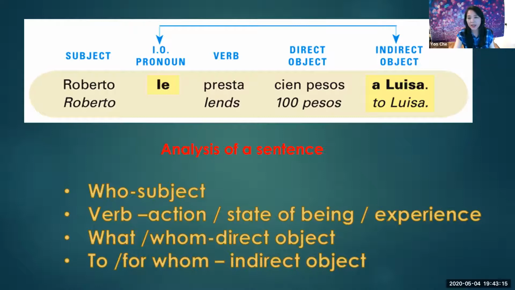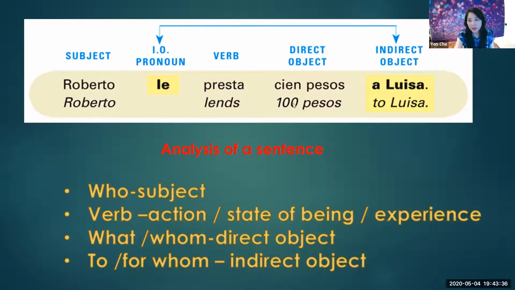Okay, so in order for you to identify the subject of a sentence, you gotta ask the question who. The who of the sentence is the subject, okay? As you can see in this example, Roberto le presta 100 pesos a Luisa.